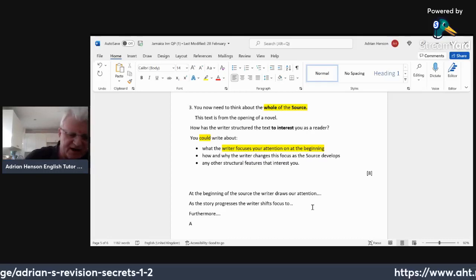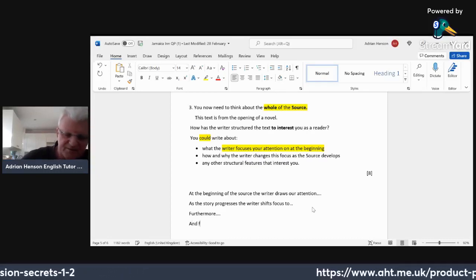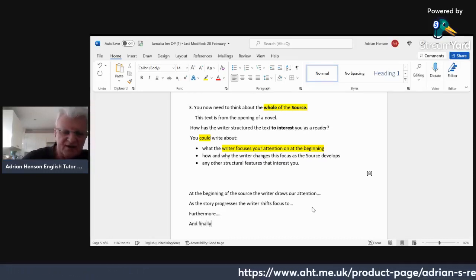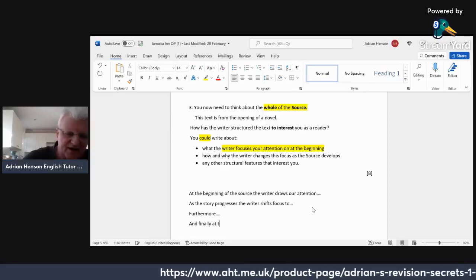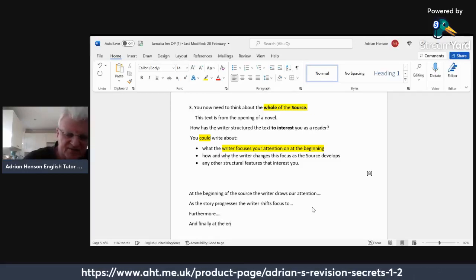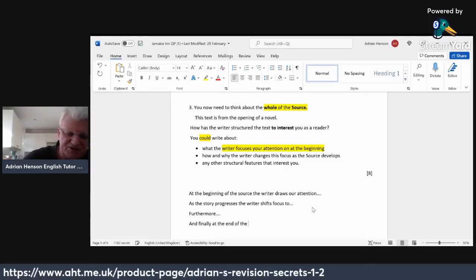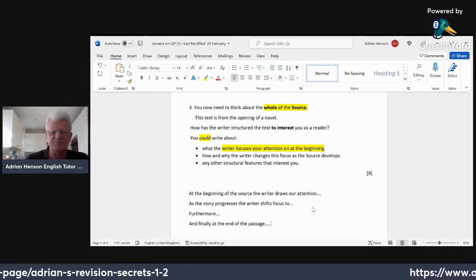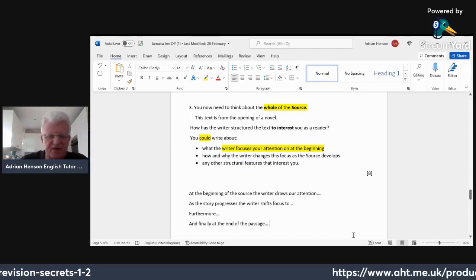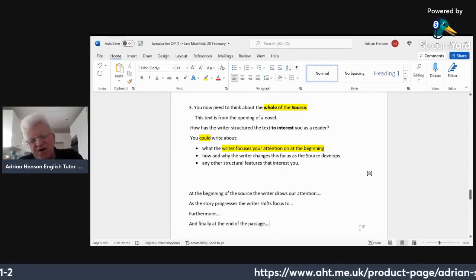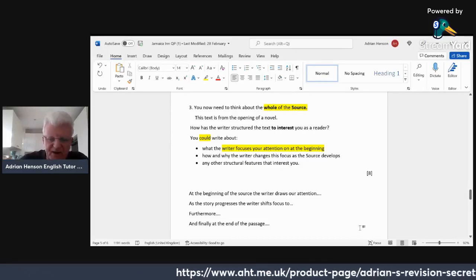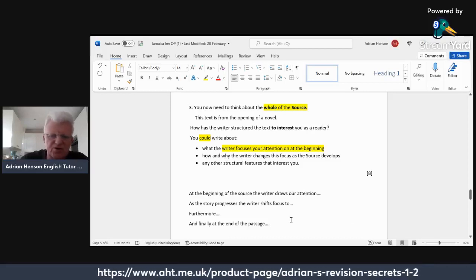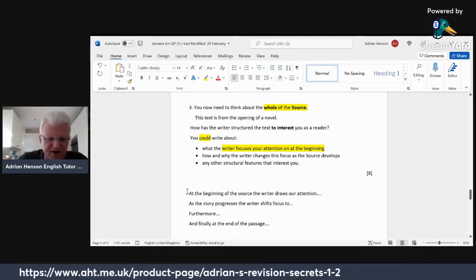And then you could put, and finally, at the end of the passage, we could possibly focus on something else. So by structuring out those paragraphs, which take no time at all, learn these phrases yourself.